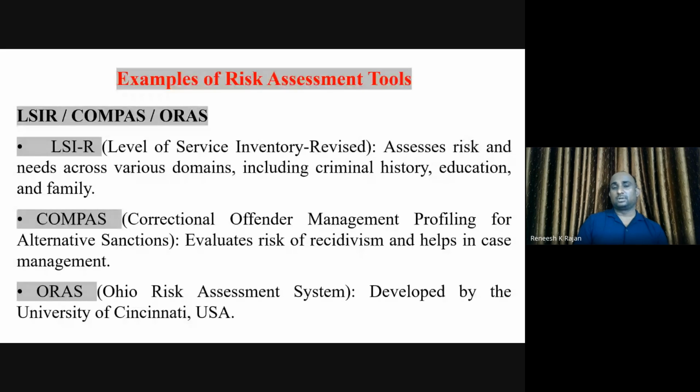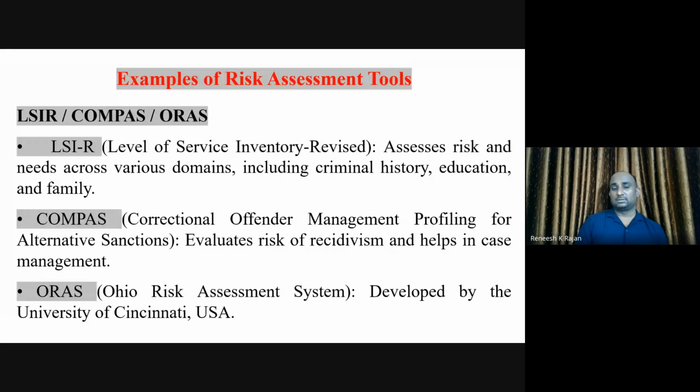We talked in the beginning of this class about the eight criminogenic needs, the major criminogenic needs, right? So using this LSI-R tool, we can assess their criminogenic needs. These are some of the tools developed in different countries. COMPAS, Correctional Offender Management Profiling for Alternative Sanctions, evaluates the risk of recidivism and helps in case management.